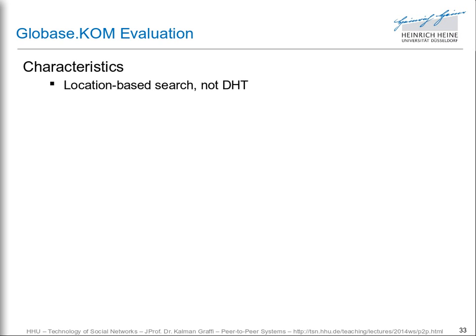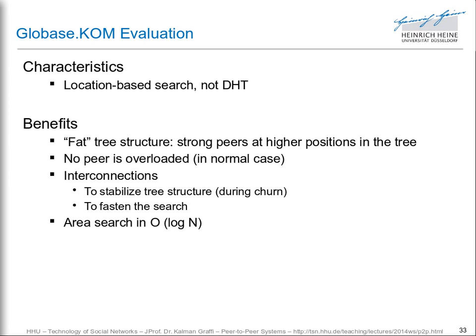Okay, here we have the evaluation of Globase, which offers a location-based search without a DHT and utilizes heterogeneity. The benefits are: we use a fat tree structure, so strong peers are at higher positions in the tree.